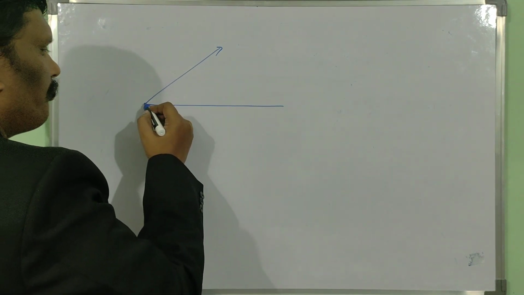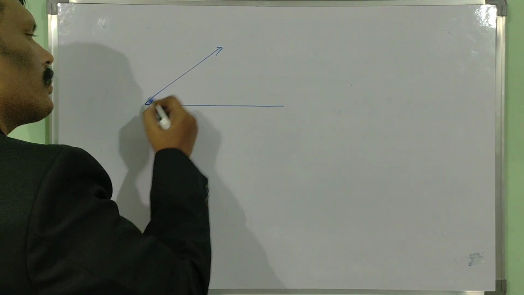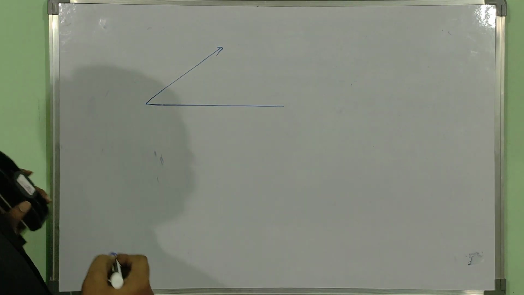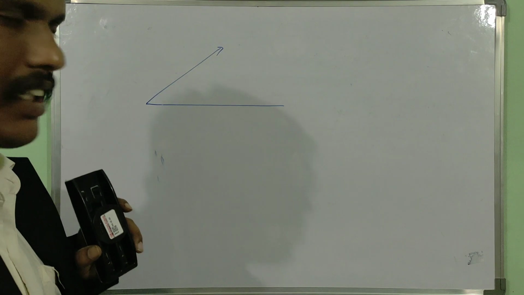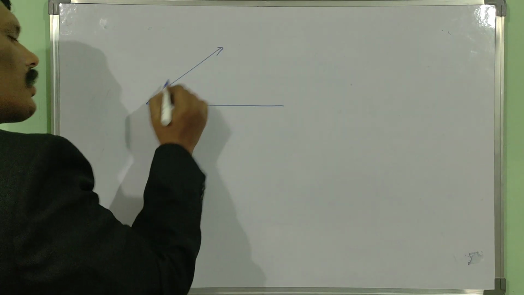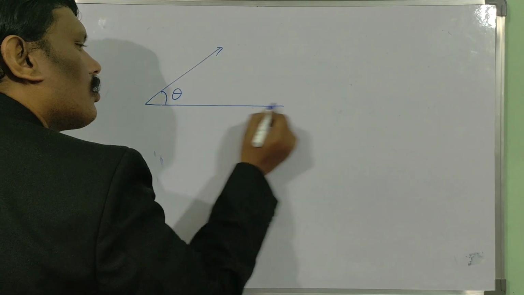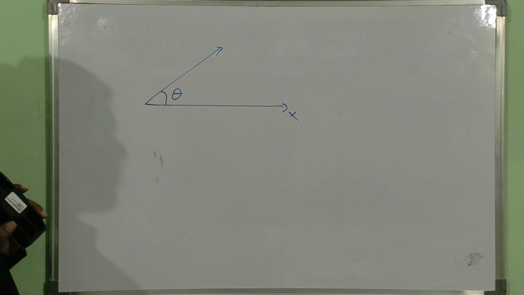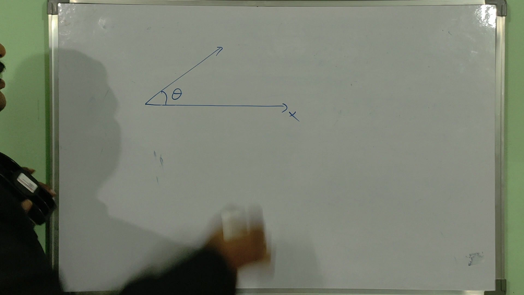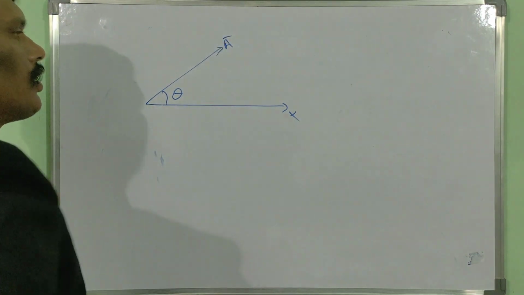The length of the arrow represents the magnitude of the vector, and the arrow points towards the direction. Suppose this vector makes some angle theta with the horizontal or x-axis. This is the vector A bar.